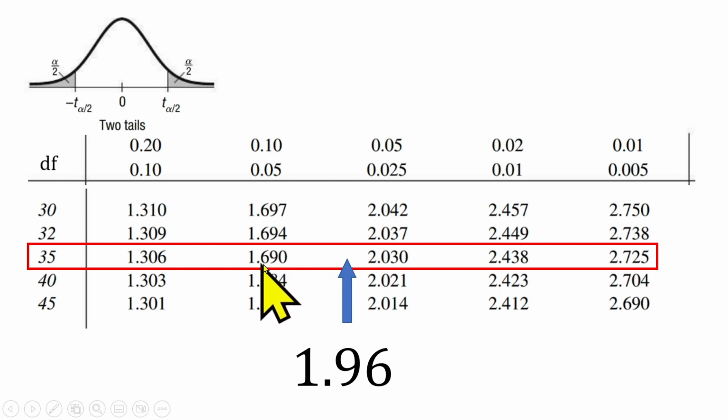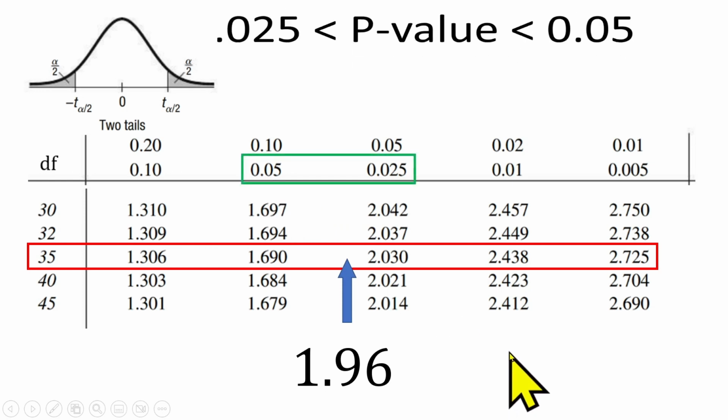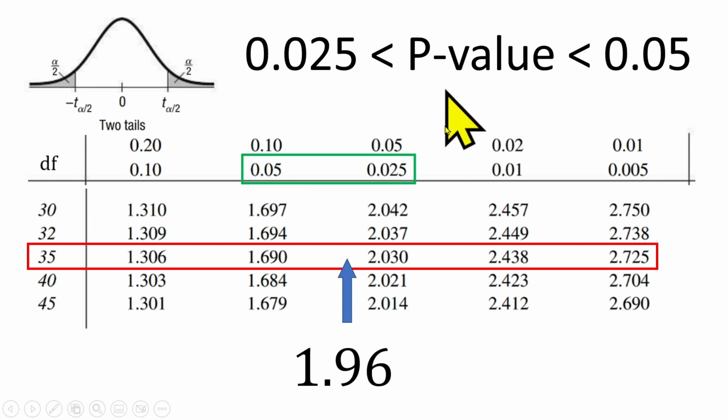It's more than 1.69, but it's a little bit less than 2.03. So we can say that the area in the upper tail, when this t statistic is 1.96, is between 2.5% and 5%. And that's the best we can do to estimate what the p-value is using our table. We can say the p-value is going to be less than 5% for sure, but it's also more than 2.5%. That's how we get it from the table.